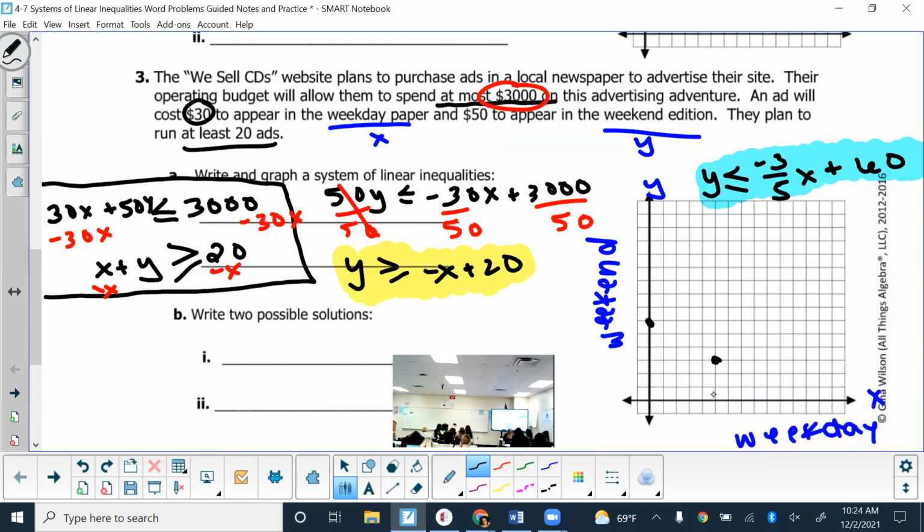Down 3 to the right 5. And solid or dashed? Solid. Good. And shaded above or below? Remember, we're looking at this one over here. It should be shaded below, because it's less than.